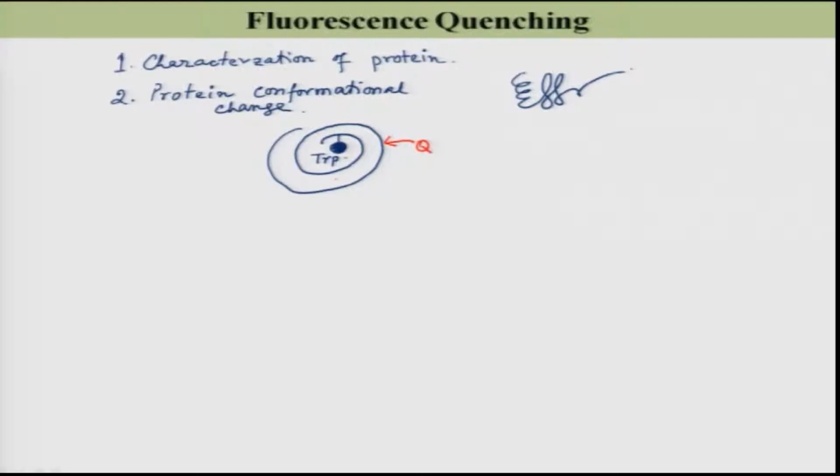Now, consider that you have done something on this protein so that the protein chain, the secondary structure of the protein, is getting distorted. That is what is referred to as the unfolding of the protein, or the change in the conformation of the protein. So, you put some perturbation so that the protein is unfolded.